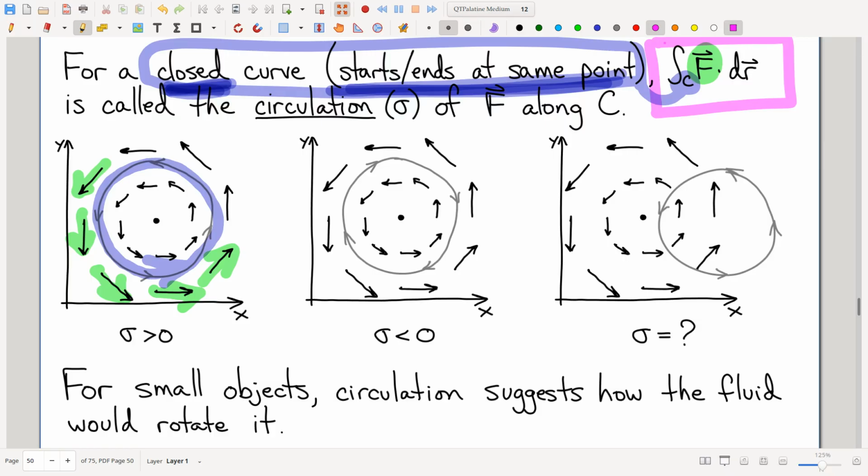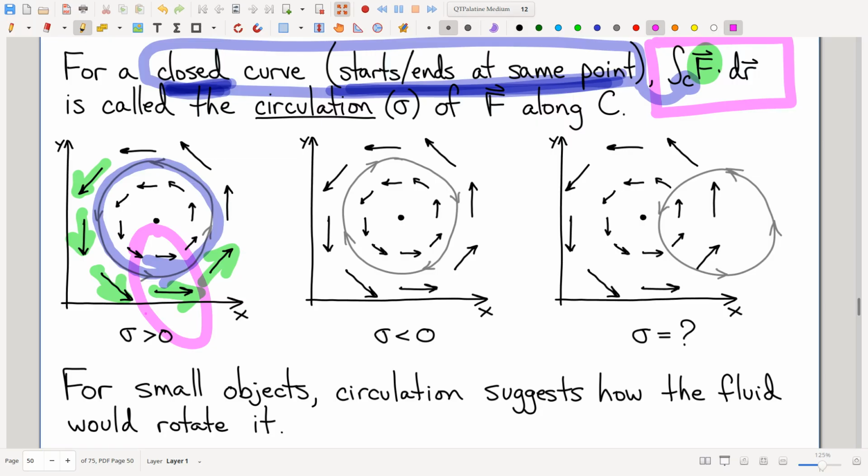Let's just look one little piece at a time. On this little piece of curve right here, to what extent is the fluid flowing along the curve? I would say quite a bit. My intention with the drawing anyway was that it was going exactly the same direction as the curve. The fluid is flowing as much as possible totally along the curve.